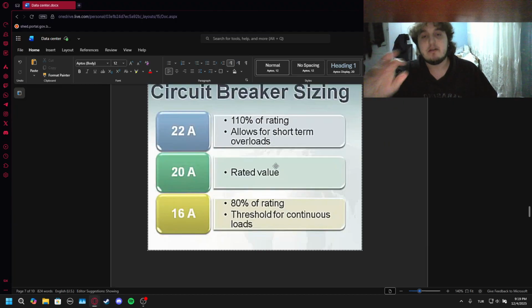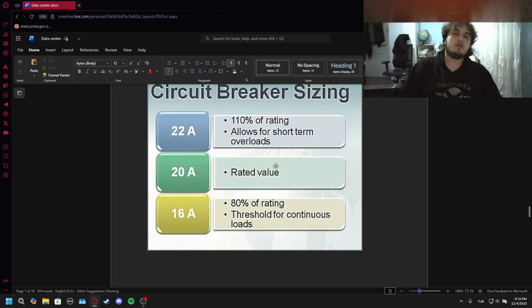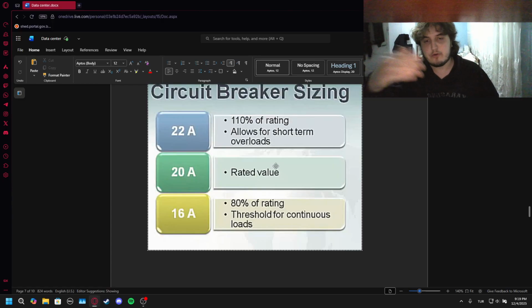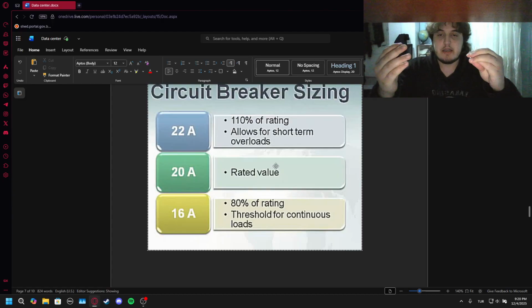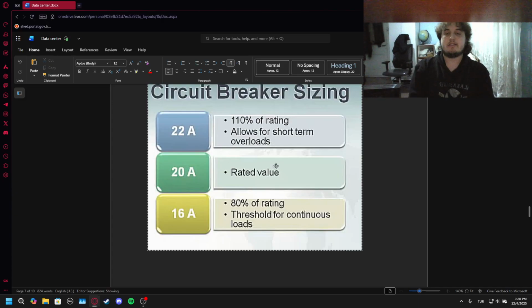Sometimes the load might be a little bit higher for a while, because there's a lot more power usage going on at that moment. So instead of, let's say, 15 amps, you're using 19 amps, so that it doesn't open itself when it hits 20 amps immediately.